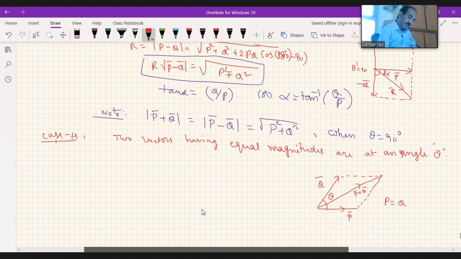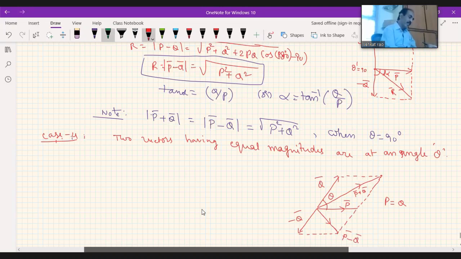Same diagram. This is minus Q bar. So automatically this will be P bar minus Q bar.